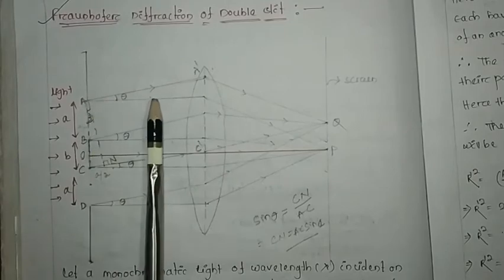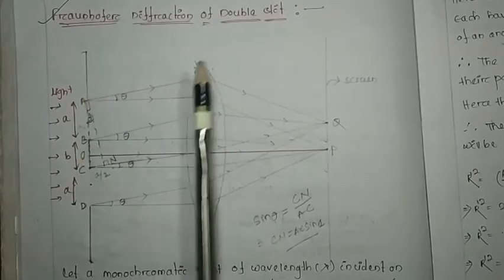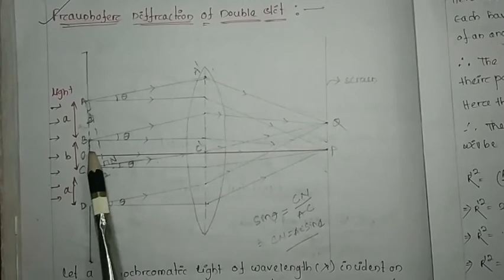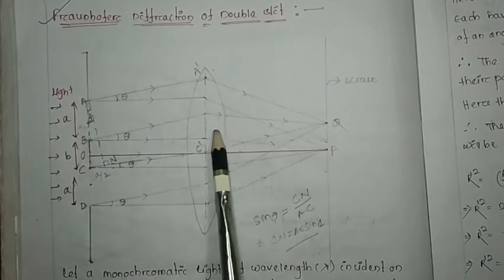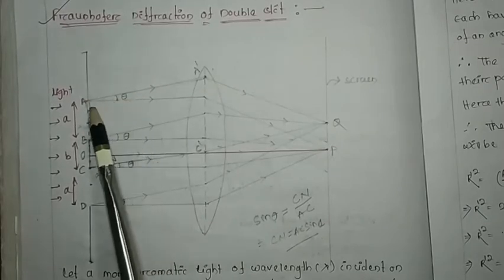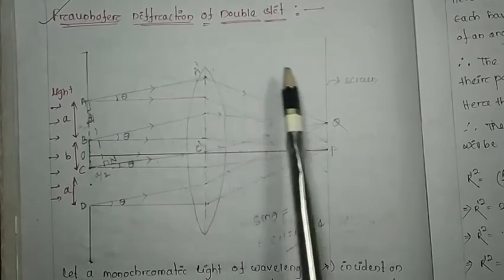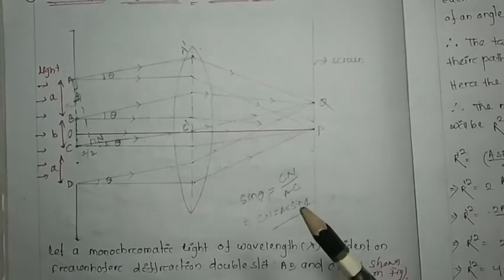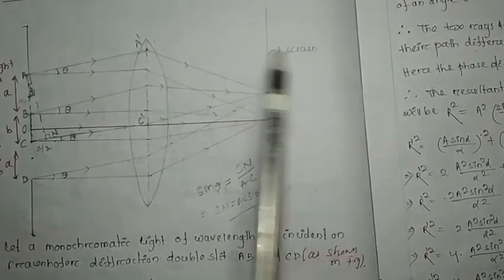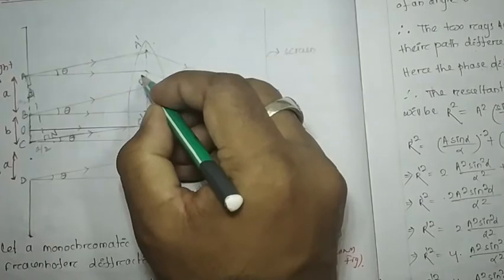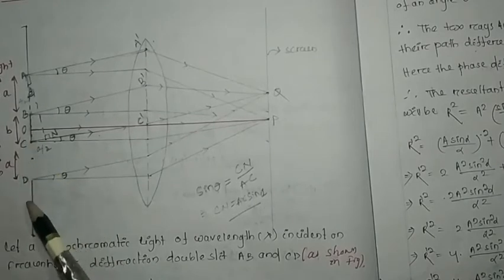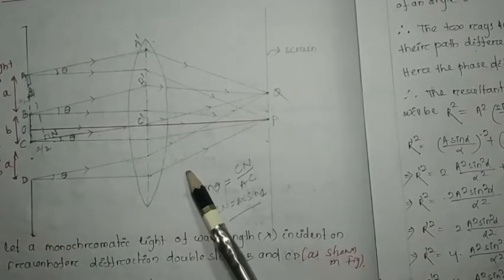Some of the rays will pass through as they are incident on this slit, from point A going like this, from P going like this, but some of the rays at A and B will be diffracted through an angle theta, moving along A to A dash to Q, then B to B dash to Q. Likewise, through slit CD, some rays will move along their original path.